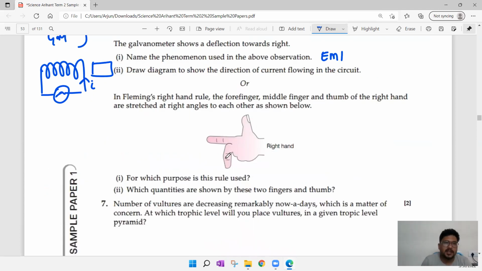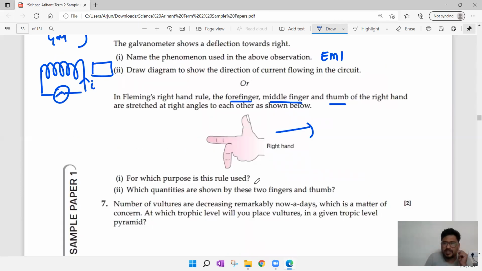Okay, or they are asking an internal choice question. In Fleming's right hand rule, the forefinger, middle finger and thumb of the right hand are stretched at right angles to each other as shown in the figure. Direct question from the textbook. Next, for which purpose is this rule used? Simple, you can write multiple answers.